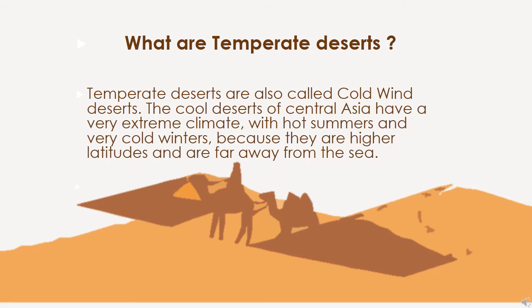Mongolia, there is one desert which I told you earlier in the previous slide. I told you that the Gobi Desert of Mongolia is a very good example of temperate desert.